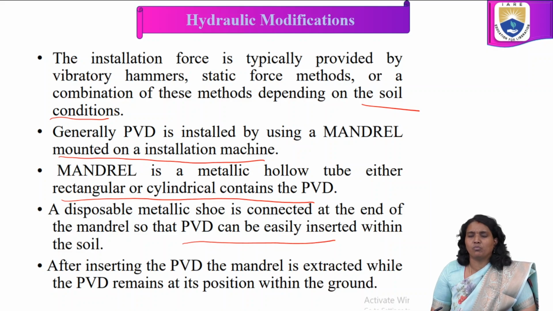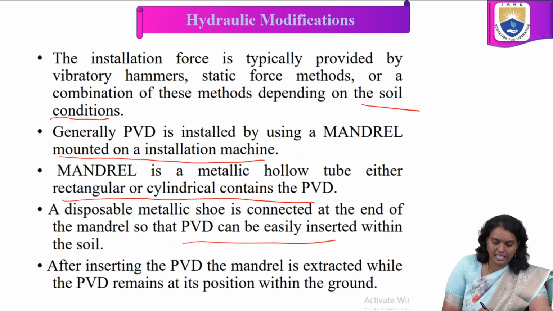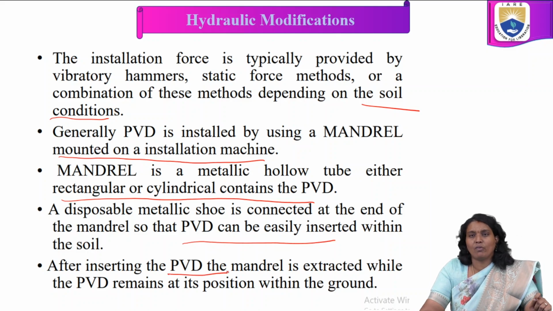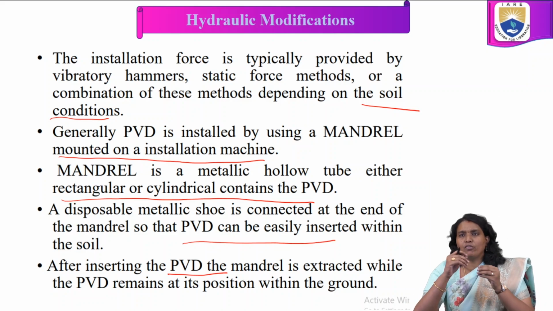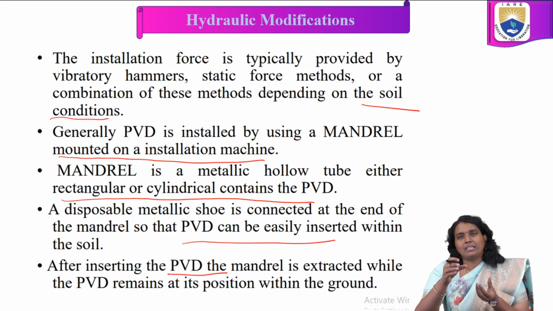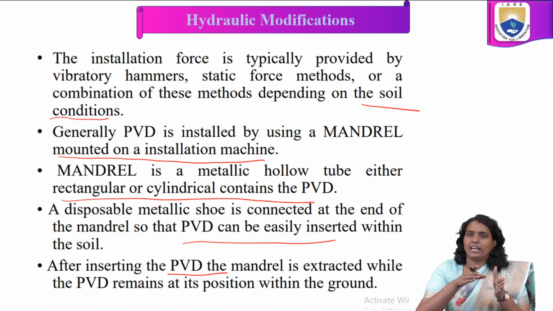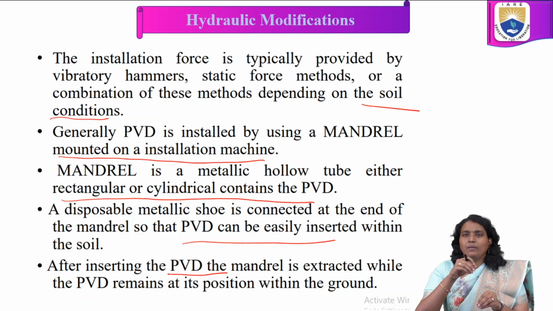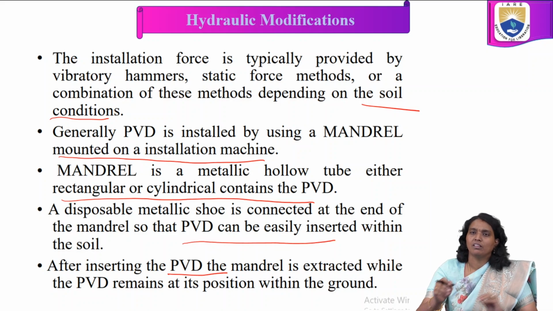The next step, once the PVD is inserted, is that the mandrel is extracted while the PVD remains in its position within the ground. When we use this mandrel mounted on the installation machine, the hollow tube size depends on what is required. Once the location and shape are decided, we easily insert the PVD using the mandrel, and it stays in that particular location within the ground, in a fixed position.